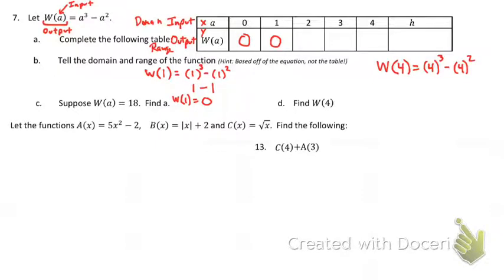Okay? So again, make sure you understand that we are not doing 4 times 3 here. That's not what this is. This is saying 4 times 4 times 4. This one is saying 4 times 4. So if you do this math right, we get 64 minus 16.